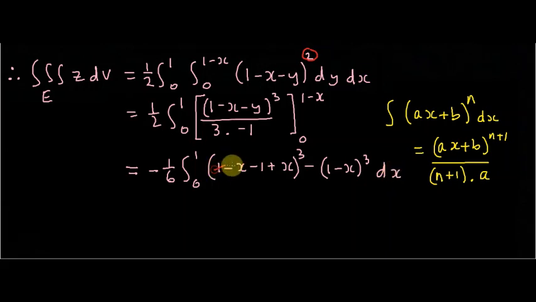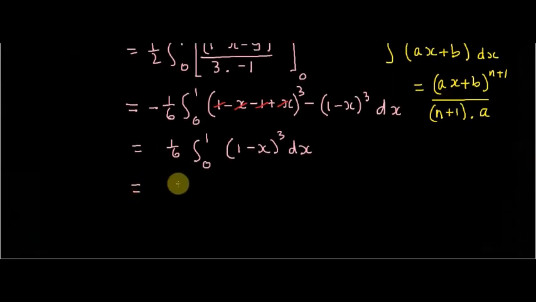All these terms will cancel here. And I'm going to pull out this negative so we can make this a positive here. And it's going to be the integral of (1 - x)^3 dx.